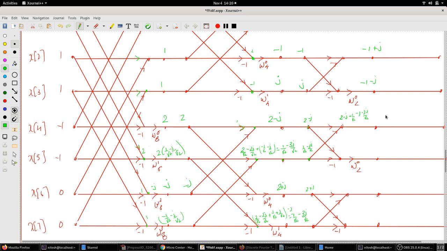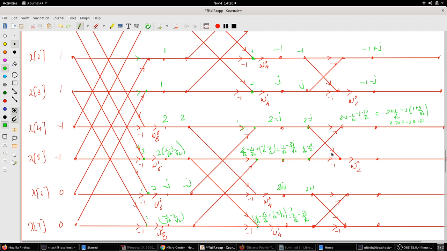So this comes to be 2 plus 1 by root 2, which is 2.707, okay, minus j into 1 plus 3 by root 2. So this is like I think 3.121 you'll get it as, okay. So you can say 2.707 minus j 3.121, okay. So this is the value.